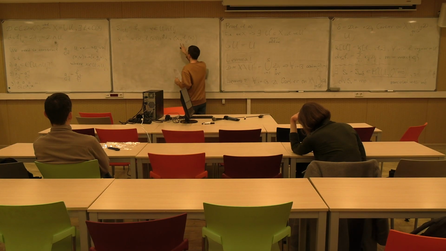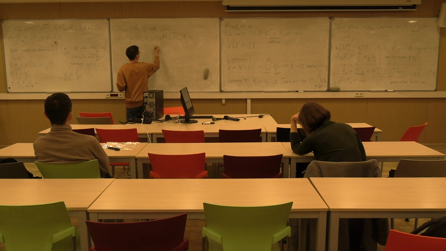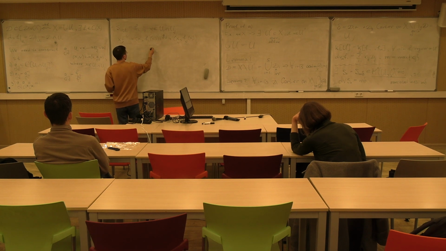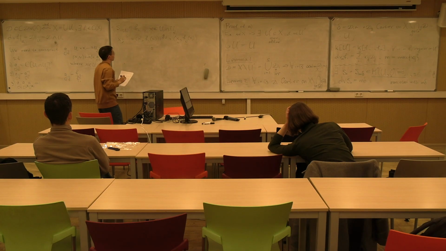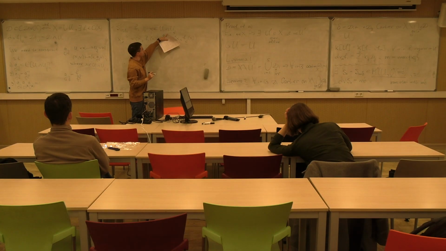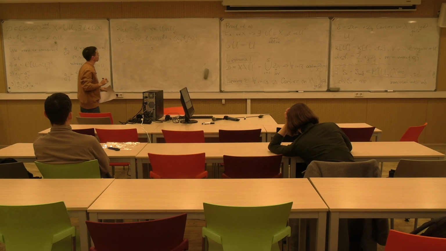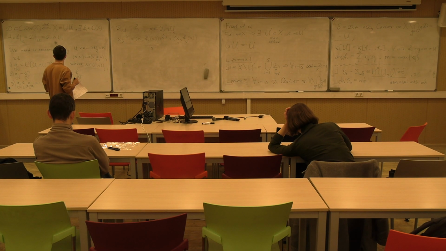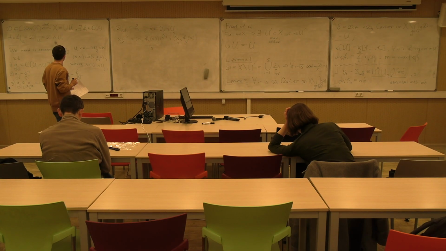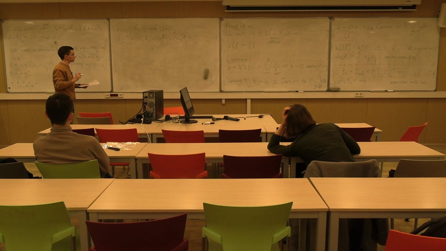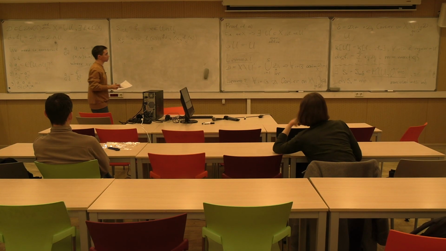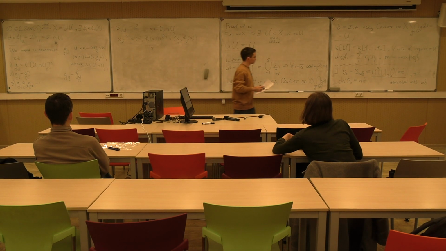Okay, but this pair you also will get if you use just S, because X is from U_i and U_j. So, is it clear?